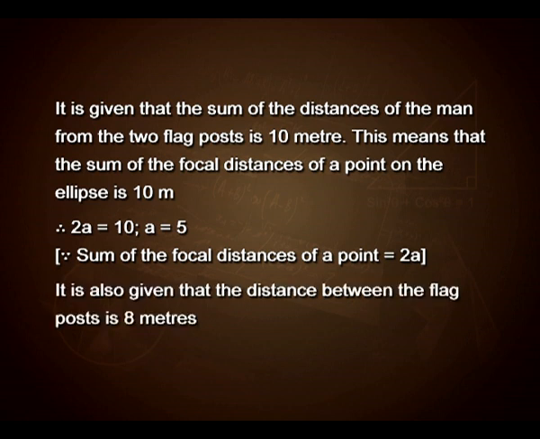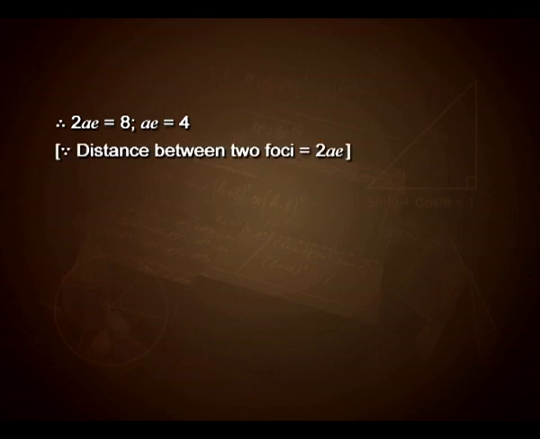It is also given that the distance between the flag posts is 8 meters. Therefore, 2ae is equal to 8 and ae is equal to 4, since distance between two foci is 2ae. Now, b square is equal to a square into 1 minus e square.